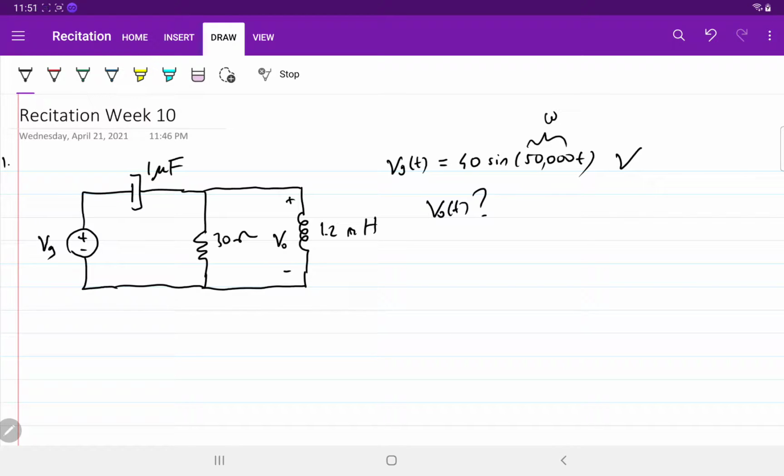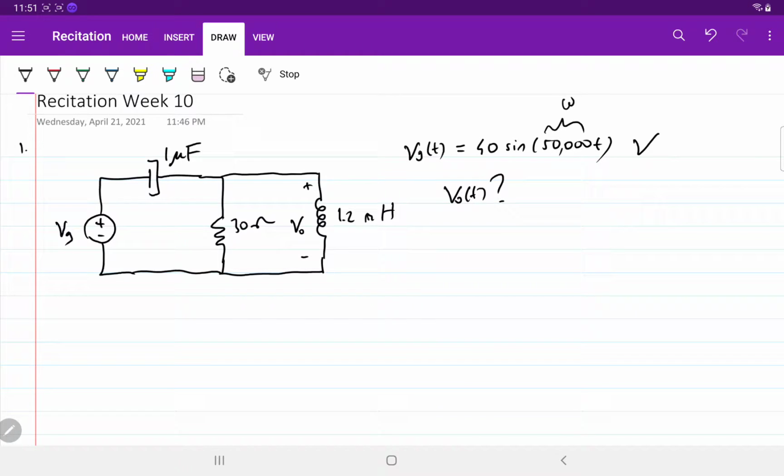So since omega is fixed, all the currents and all the voltages, we can determine their exact value. Since it is fixed, we do not really care about the frequency, so we can do the analysis in a steady state fashion.